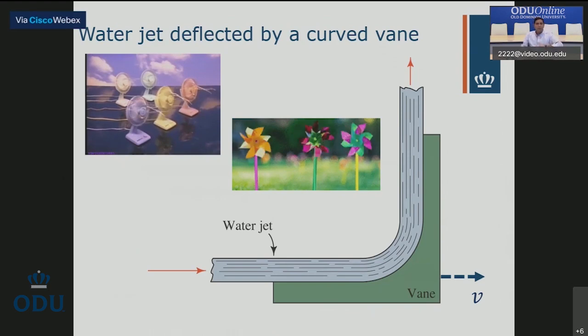In the two pictures you see in front of you, the fan and the pinwheel, the principles are exactly the same. The thought I put into designing my pinwheel to move must be the same ideas I have in mind when designing a fan.